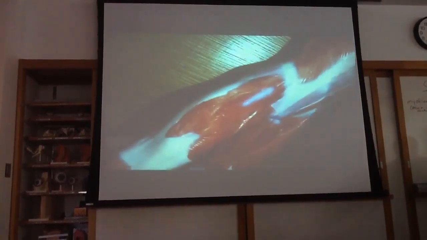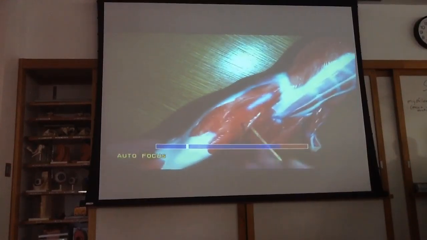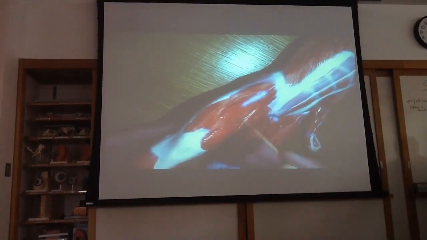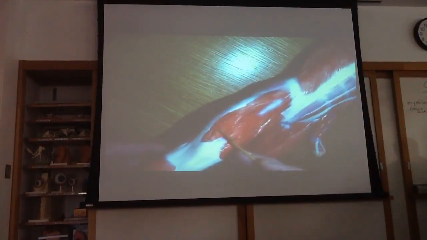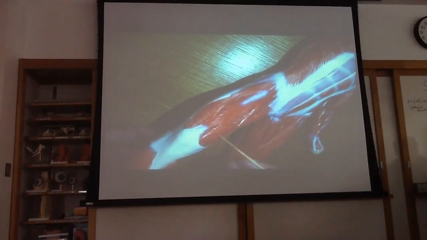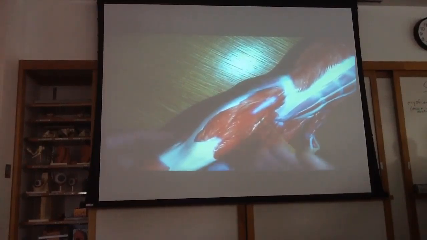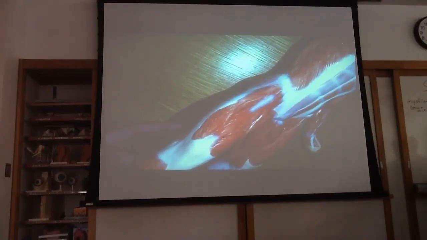Quadriceps is 4 muscles. Each one has a different name, and together they call them the quad. So the main muscle making up the quad is the rectus femoris, which is this one. But then on the side, you have the vastus lateralis. On the medial side, you have the vastus medialis. And if you could peel back the rectus femoris, underneath you have the vastus intermedius.